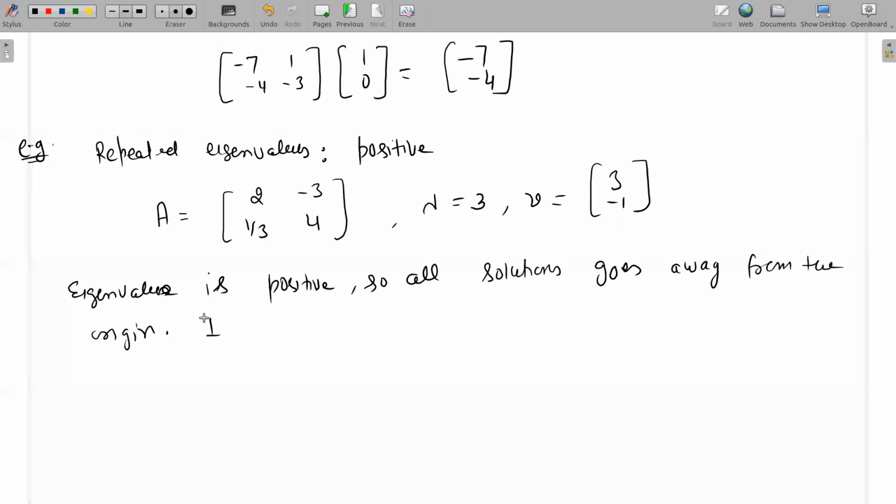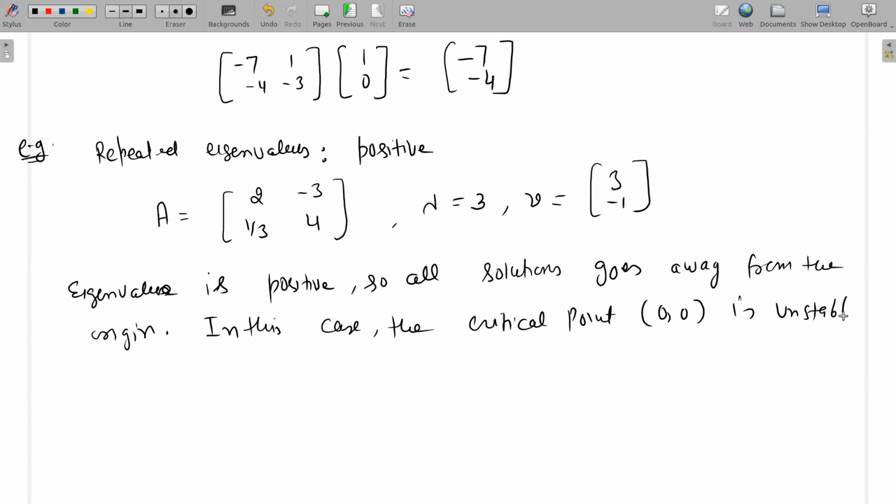In this case, the critical point, which is (0, 0), is unstable. It's known as an unstable critical point. In the same manner, we take a random point to check the direction.